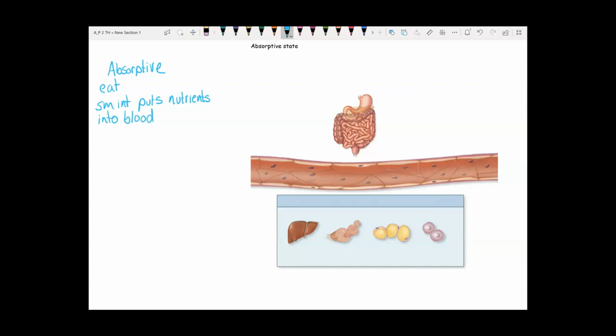So we have nutrients going into the blood, and remember you have three basic types of nutrients. We're going to have glucose, amino acids, and lipids.